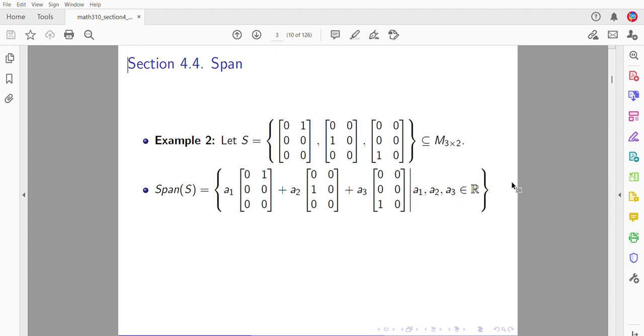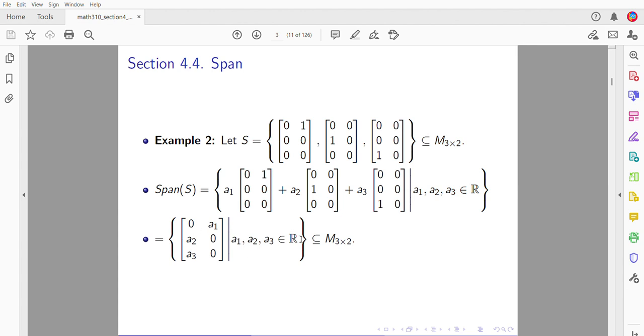Well, when you simplify, what do you get? You see, A1 gets you a slot there, A2 gets you a slot here, A3 gets you a slot there. All right. So you don't get all the matrices. For example, you are required to be zeros here in the span, but these three entries can be any real number.